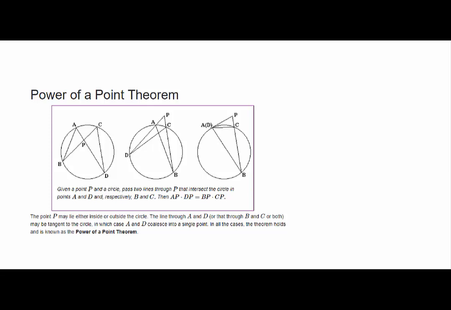In other words, AP times DP is going to be equal to BP times PC, and you can choose your points to be inside the circle or outside of the circle, and the outcome is going to be the same. Okay, so that being said, we will need these results for the subsequent theorem.